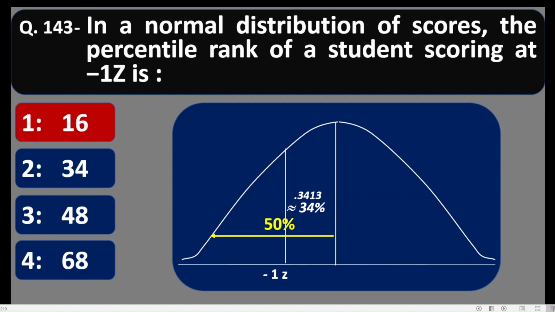We have to find the percentage of observations which are lying before -1Z. For that, we have to deduct 34% from 50%. So here, 16% of the observations are lying before -1Z, and that is the percentile rank of the student scoring at -1Z. In this way, we can find the answer of this question.